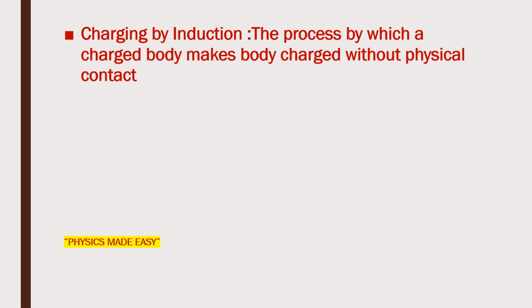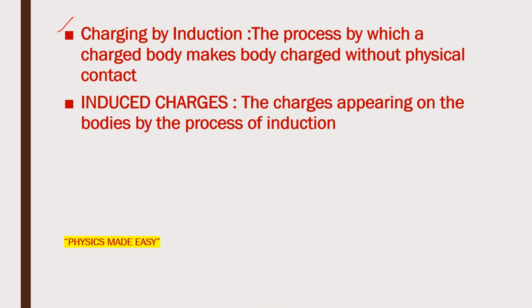The third method is charging by induction, the process by which a charged body charges another body without physical contact. So this is a method in which there is no physical contact between the charged body and the uncharged body. In this case, there are two types of charges. The first one is the induced charges.